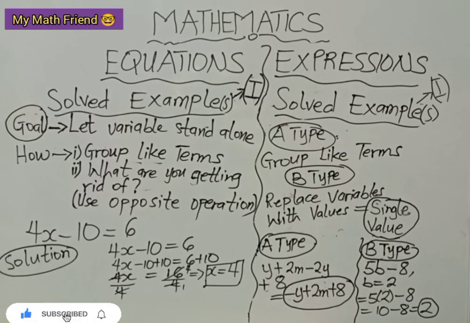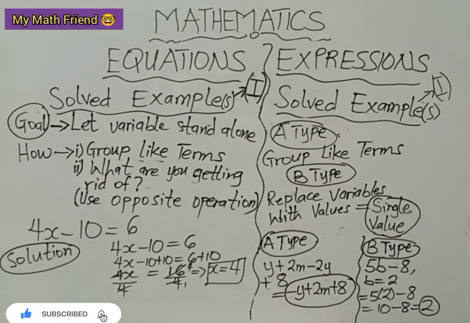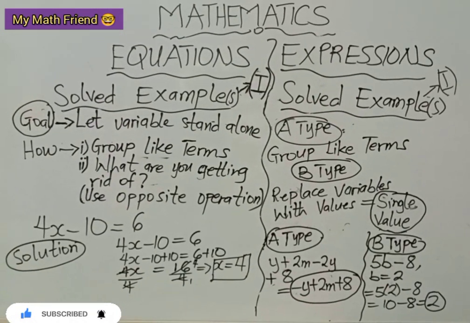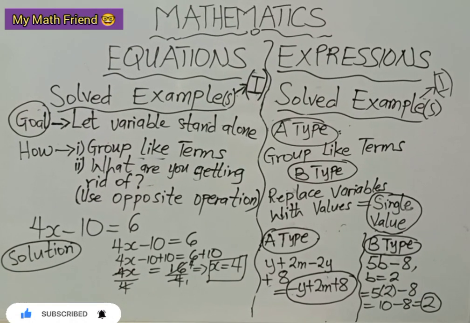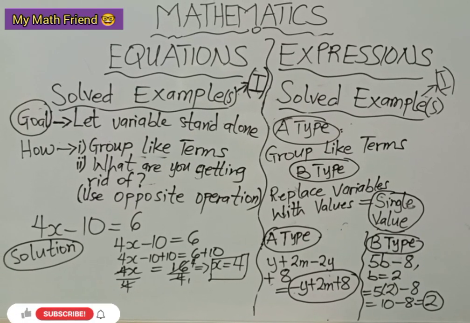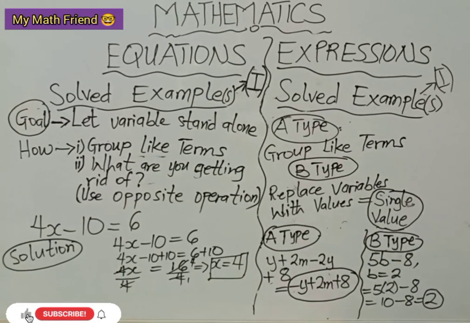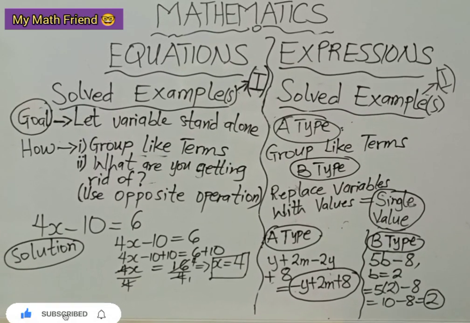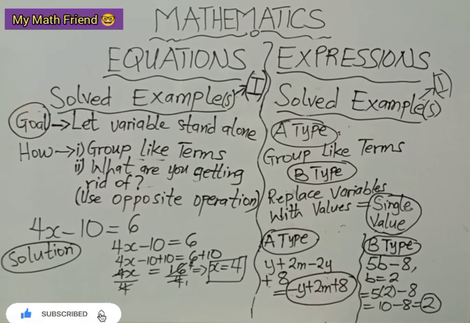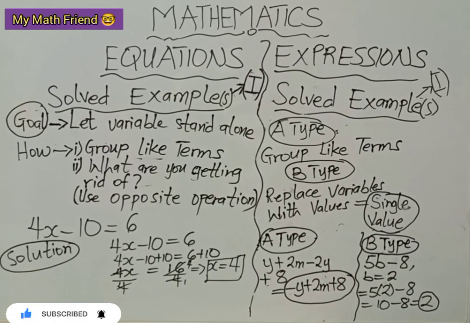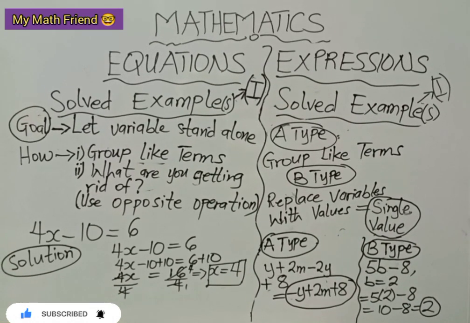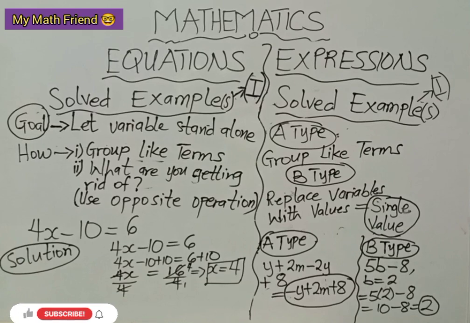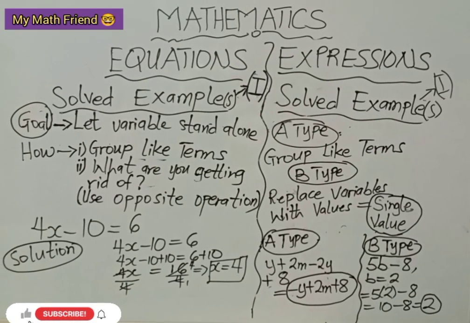The example is 4x minus 10 equals 6. In 4x minus 10 equals 6, we have 4x as a term, with 4 being the coefficient and x being the variable, and negative 10 and 6 are two other terms, but these are constants, which means values without a variable attached to them.